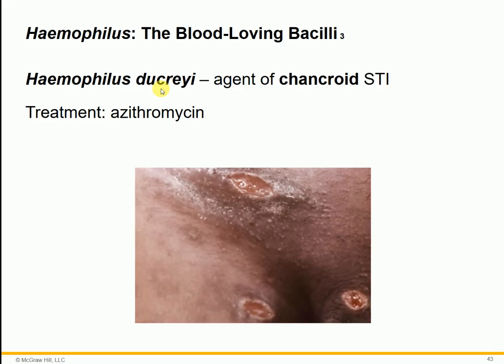Now, chancroid is a sexually transmitted infection that leads to these little chancres, which look like ulcers that are found in the groin area. And again, you would want to take a sample and isolate it, look at it. You're going to grow it on a chocolate agar, and if positively identified, you're going to be treating these with an antibiotic.